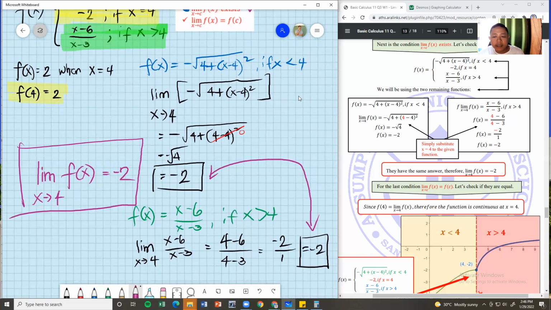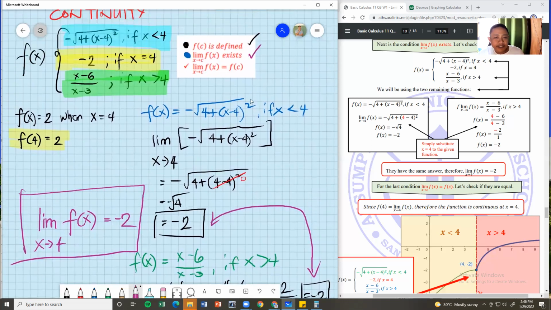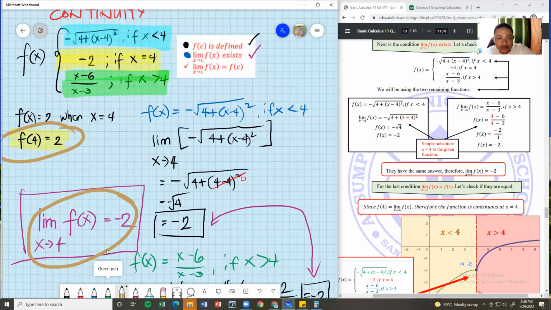Now, the question is, after checking or identifying the f of c, which is 2, ito yon. After checking this, which is 2, and after finding the limits, the value of the limits of the functions, which is -2, the next thing that we need to do is to check if they are equal.